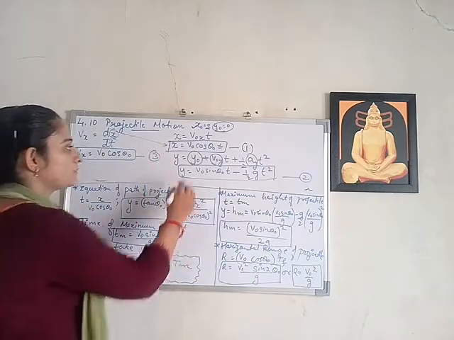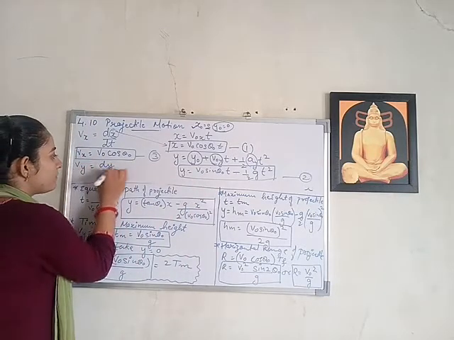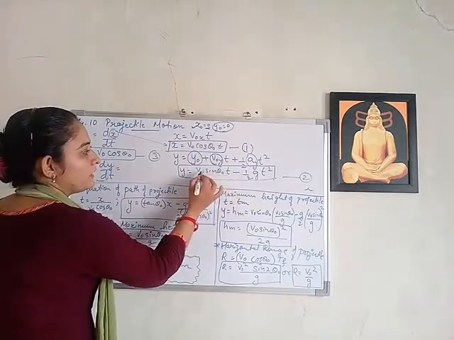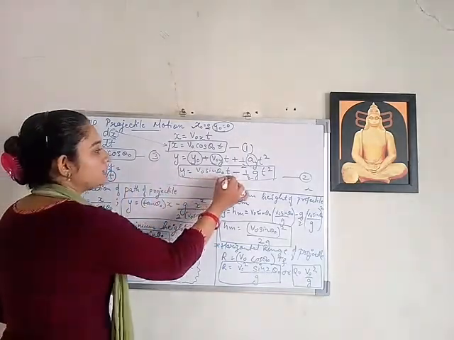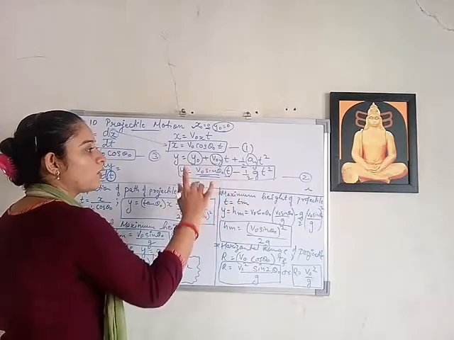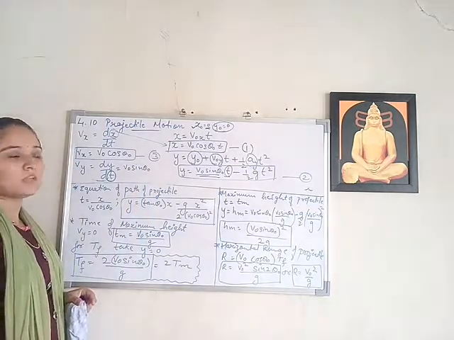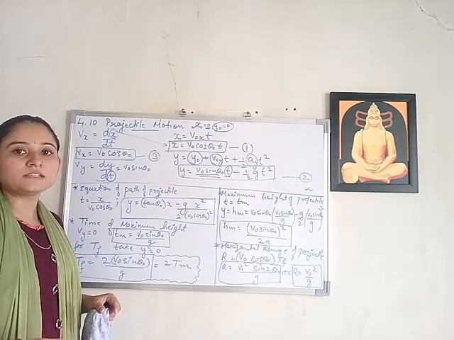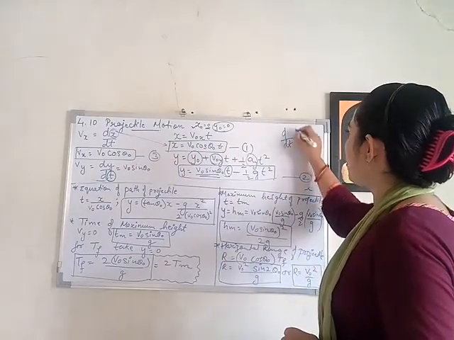Clear? Now, the derivative of y, that is Vy equals dy by dt. We are differentiating with respect to t, so other than t, this term is constant. The derivative of t is 1, so 1 into V0 sin theta 0. Now, the derivative of t square: how to do it? For example, d by dt of t square.